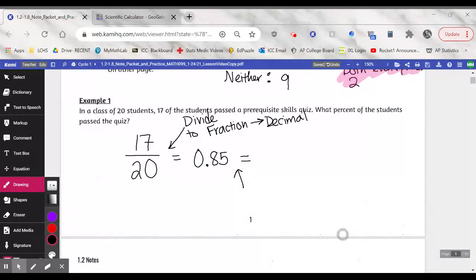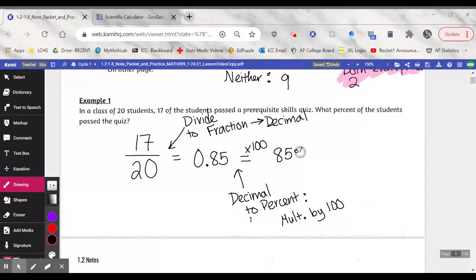To change it from a decimal to a percent, you're just going to multiply by 100. You can also think of it as moving the decimal place 2 places to the right. Either way, take that times 100, you get 85, and stick a percent symbol on it. And that's it.